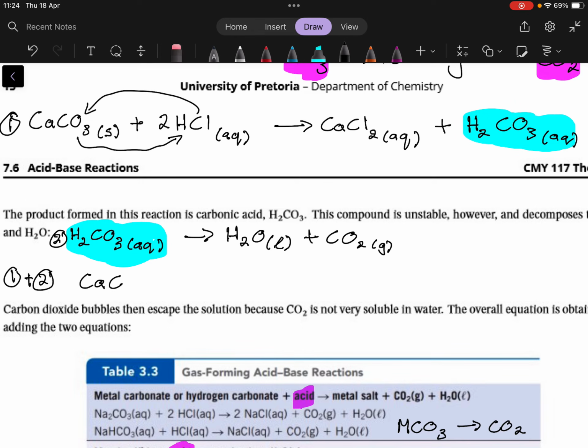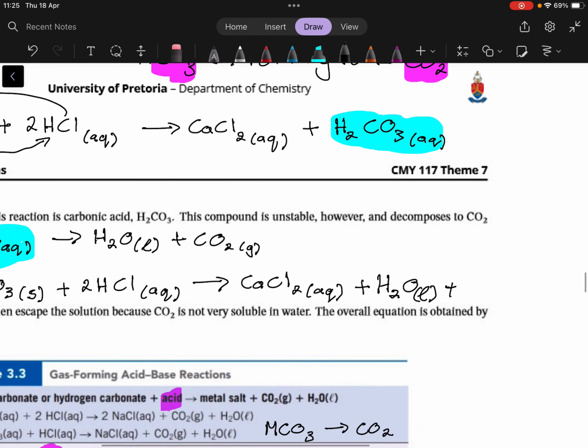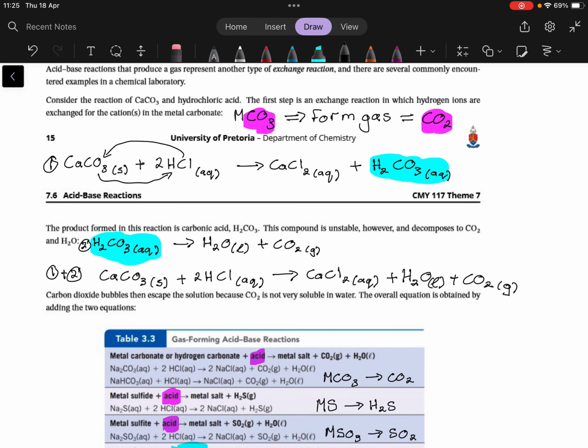So calcium carbonate plus 2HCl will form calcium chloride. You can of course write it as Ca2+ plus 2Cl-, because it is dissolved, so it will split into those two, plus the water that's formed, plus CO2, which is of course a gas. And that's why they're called gas-forming reactions, because it forms a gas.